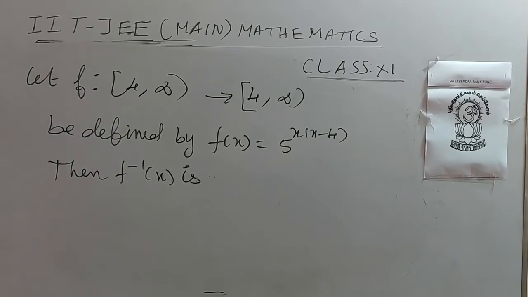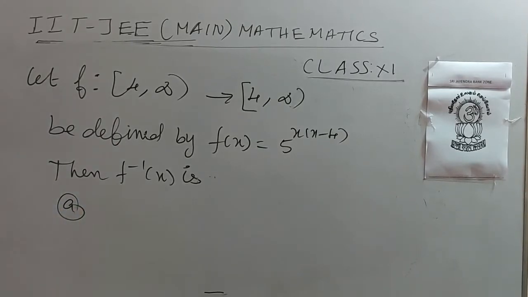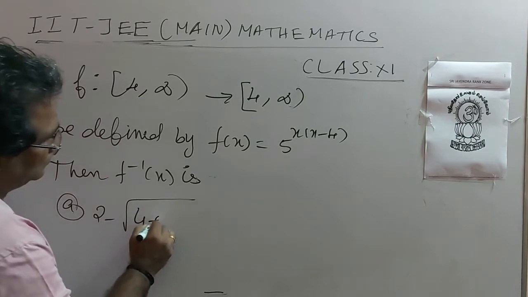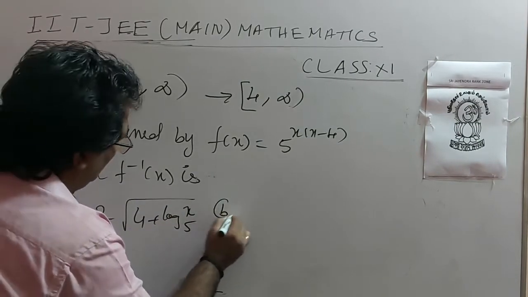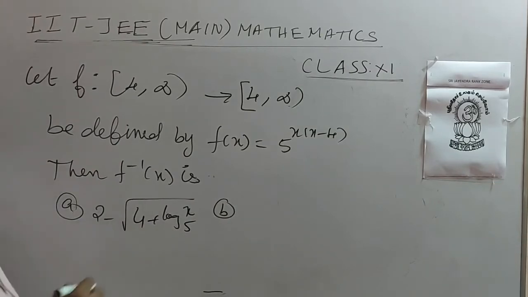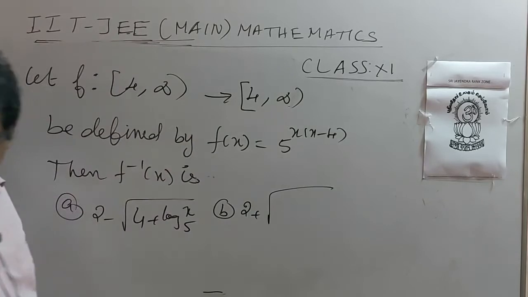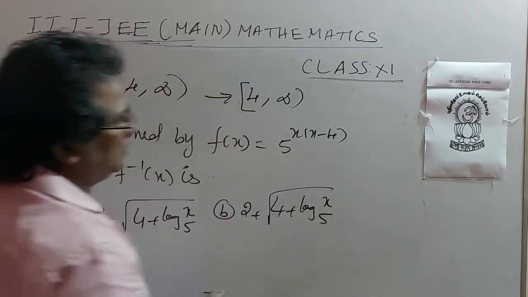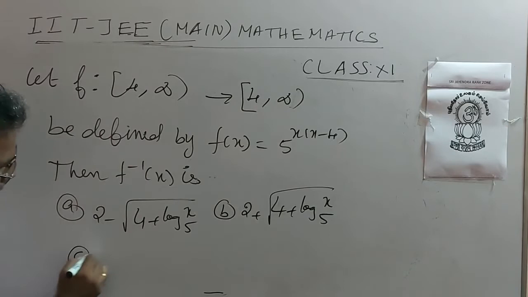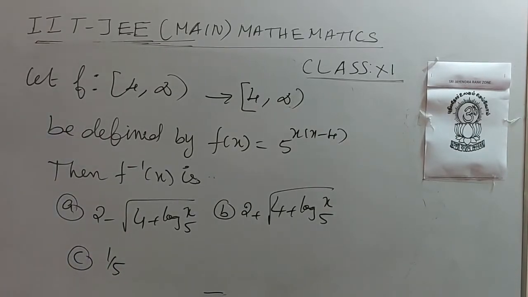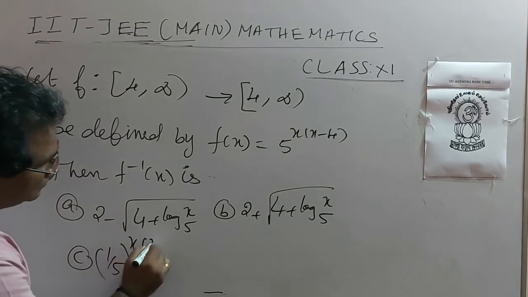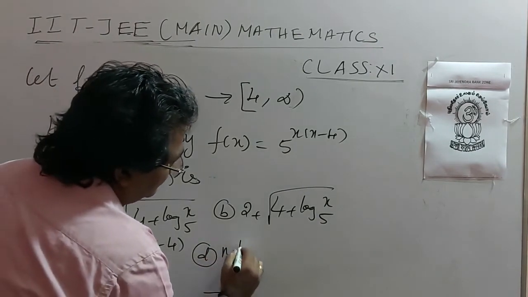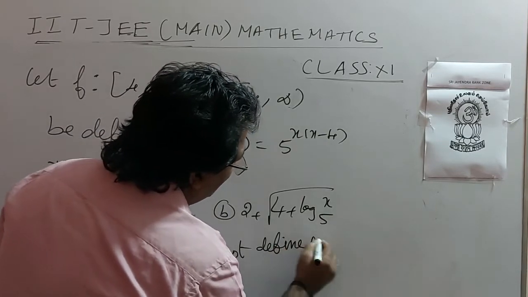Then f inverse of x is: 2 minus the square root of (4 plus log x to the base 5); 2 plus the square root of (4 plus log x to the base 5); (1 by 5) whole power x into (x minus 4); not defined.